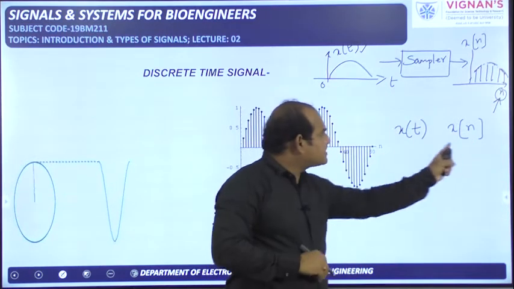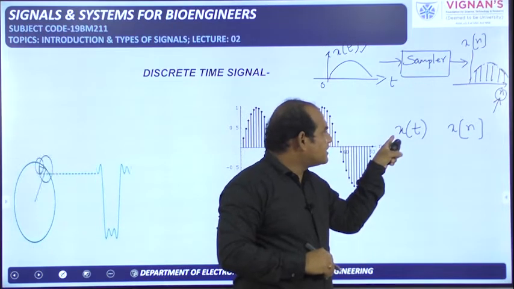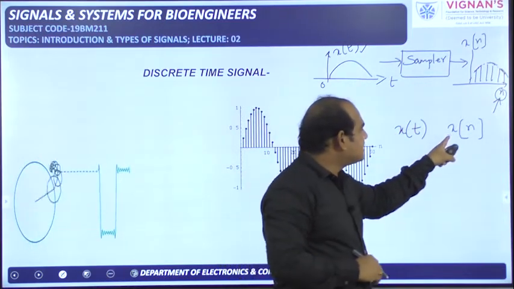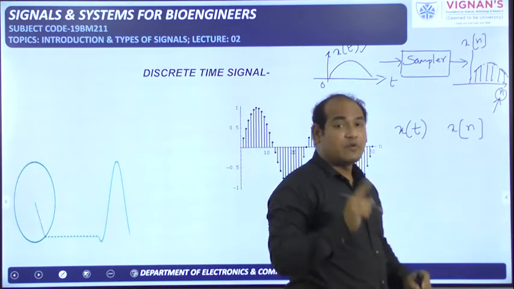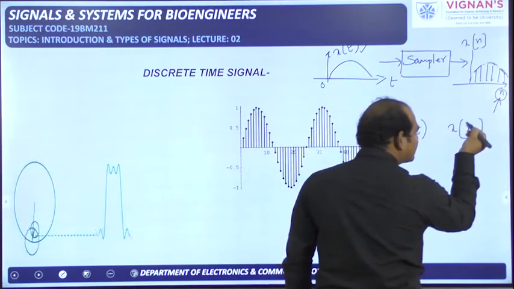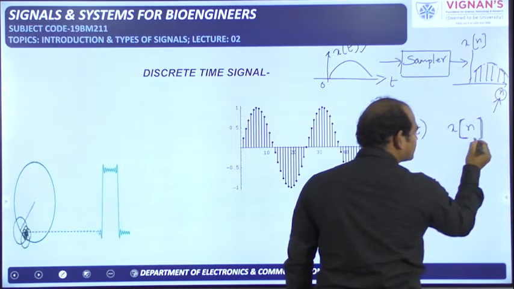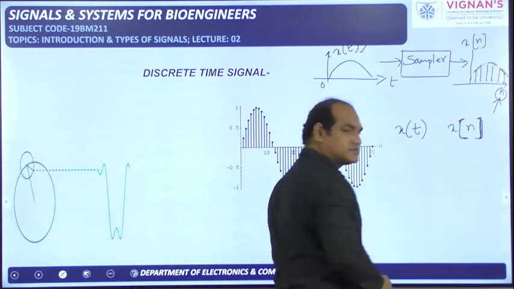What is the observation you are making here? In x of t, x is the dependent variable, t is the independent variable because it is in the bracket. Here x is the dependent variable and n is the independent variable. But one more observation you need to make: the independent variable for the discrete time signal should be available in the square bracket. This is the thing you should not forget.